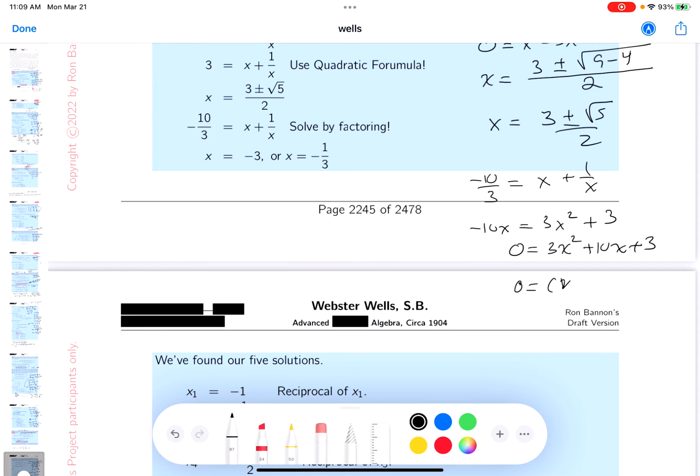Whoa, I made a mistake. So x equals minus 3, or x equals minus 1/3. Right, clearly reciprocals to one another.